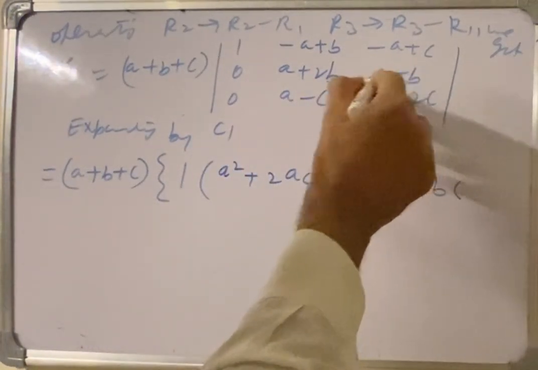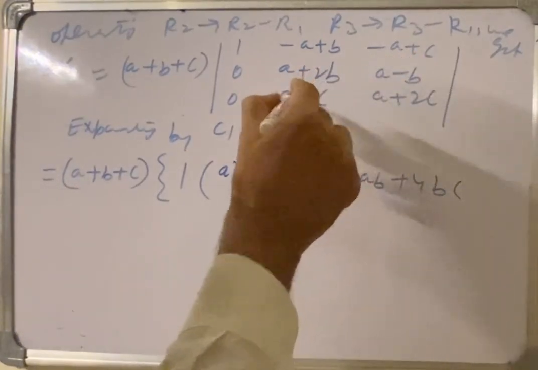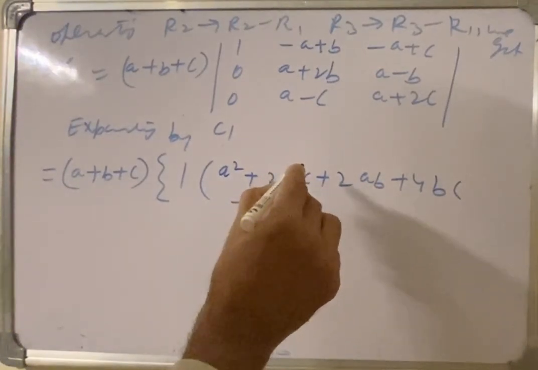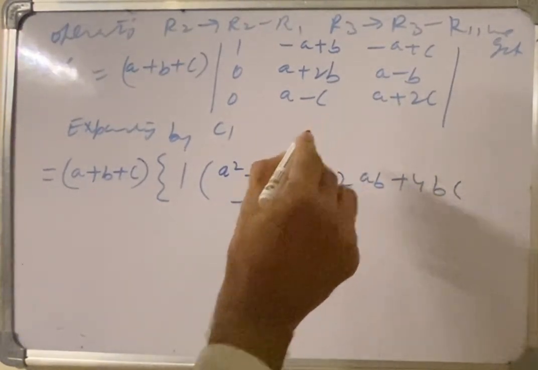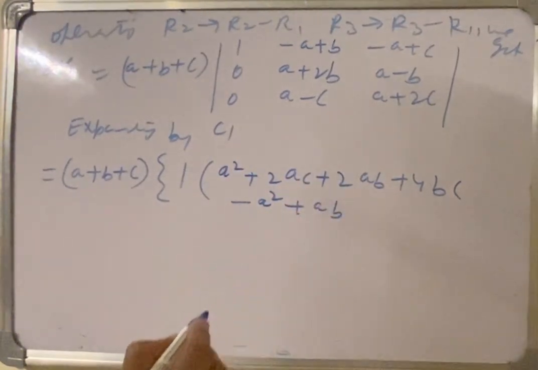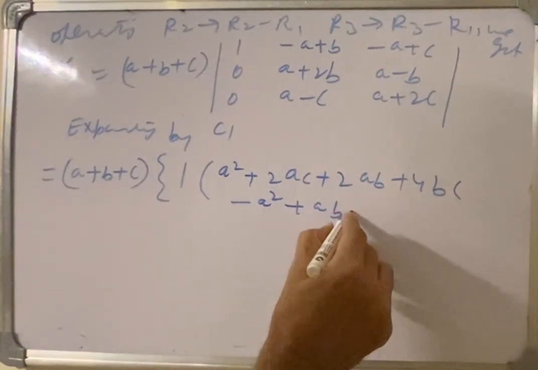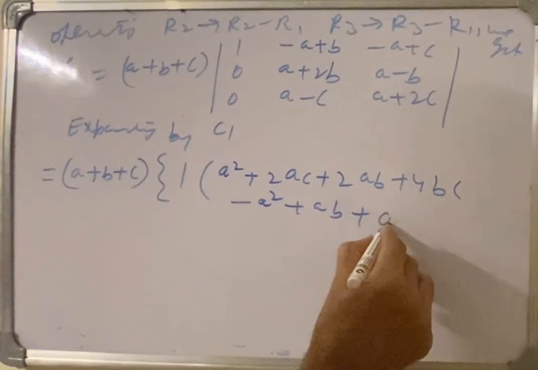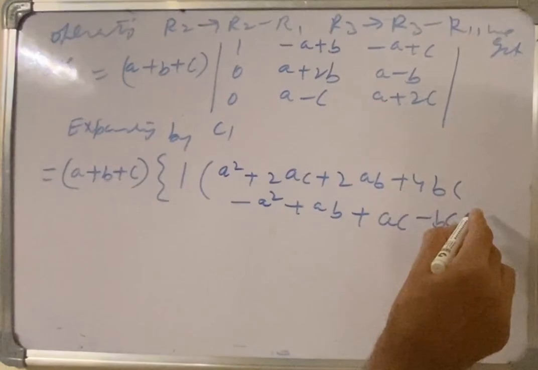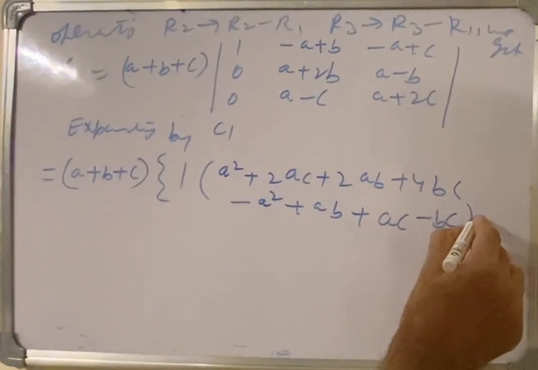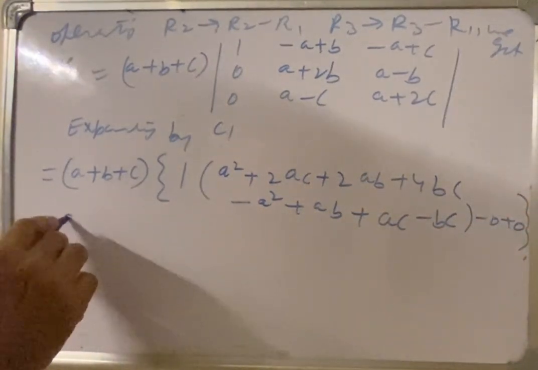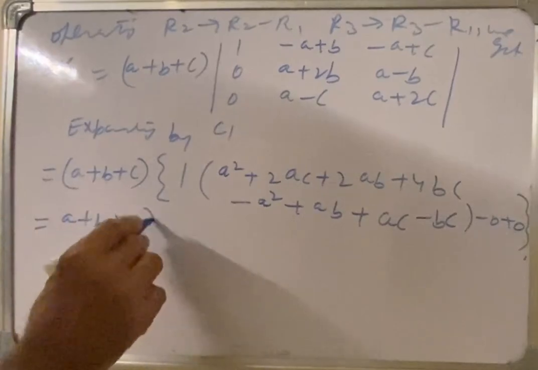Then minus A minus B into A minus C, minus A square plus AB plus AC minus BC, minus 0 plus 0 is equal to A plus B plus C.